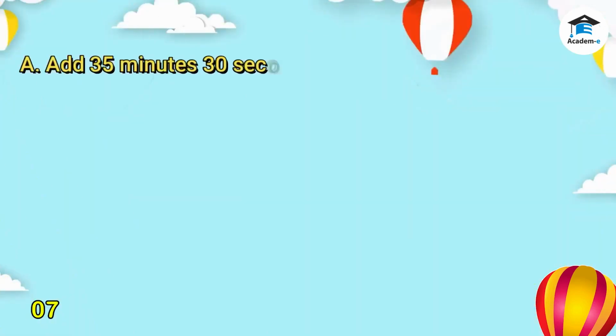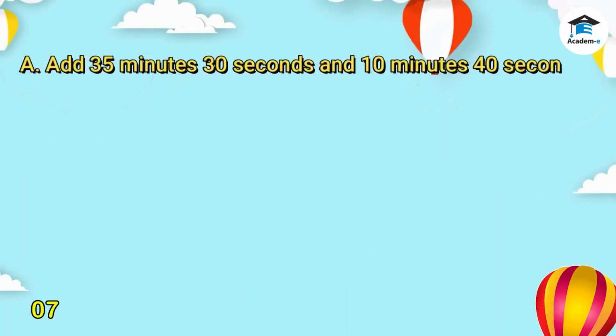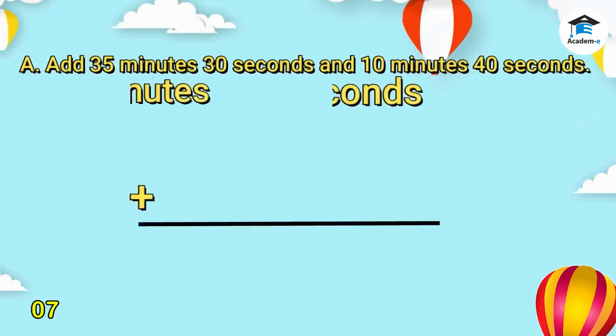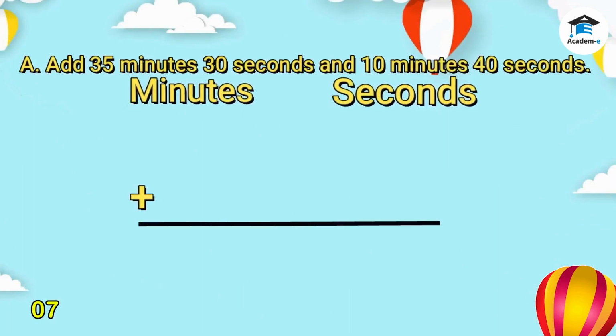Example A: add 35 minutes 30 seconds and 10 minutes 40 seconds. To solve, add first the smaller unit, that is, 30 seconds plus 40 seconds, which equals 70 seconds. Note that if the answer is 60 seconds or above, we convert it into minutes and seconds.